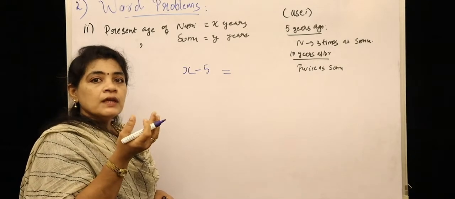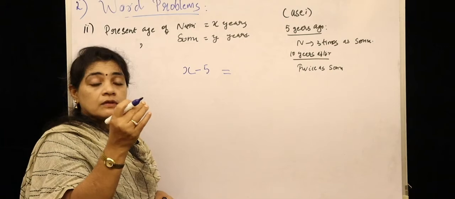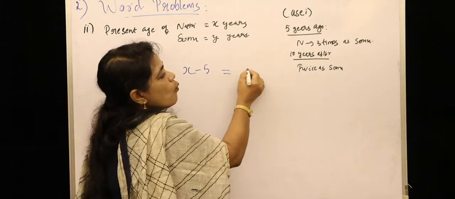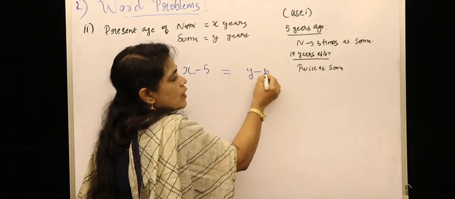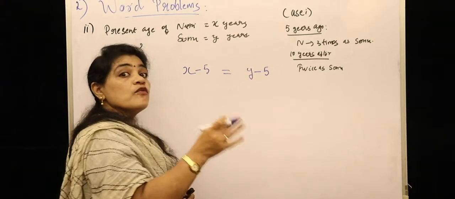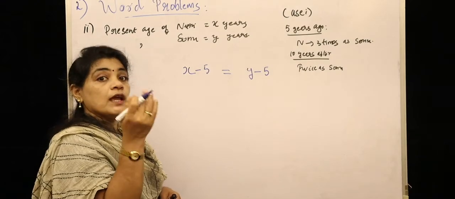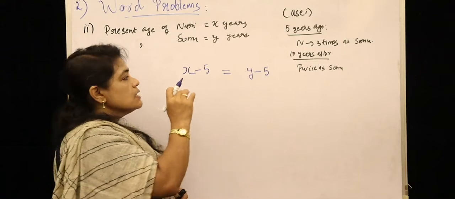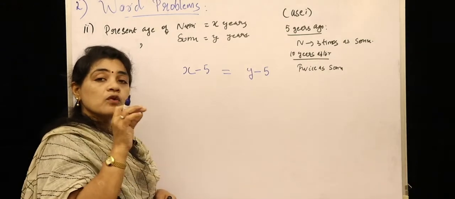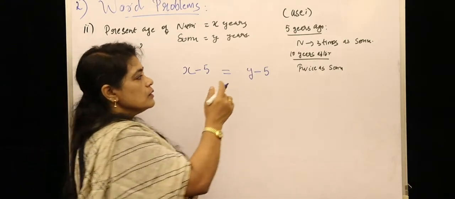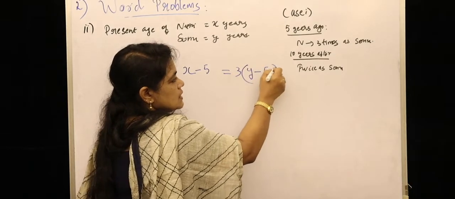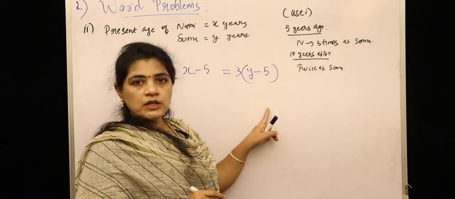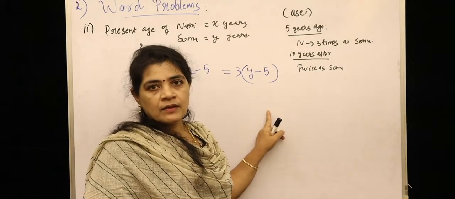Sonu's age also, you have to subtract 5 from the present age. Present age is y, so y minus 5. This is the age of Sonu 5 years ago. And what is the relation according to the question? 5 years ago Noori was thrice, so 3 times the age of Sonu at that time. So this is the first equation you got from the first case.